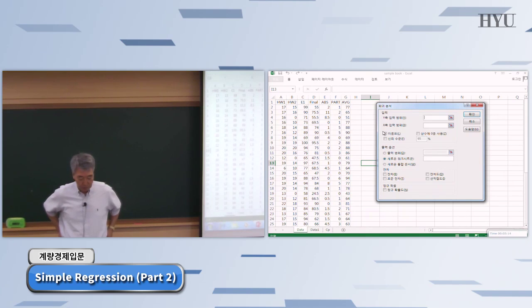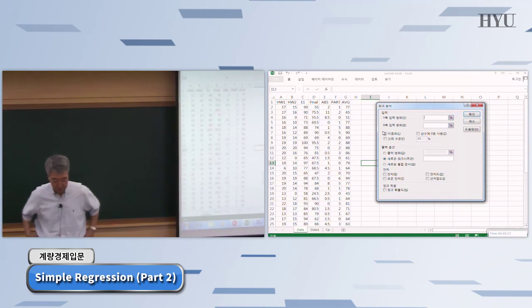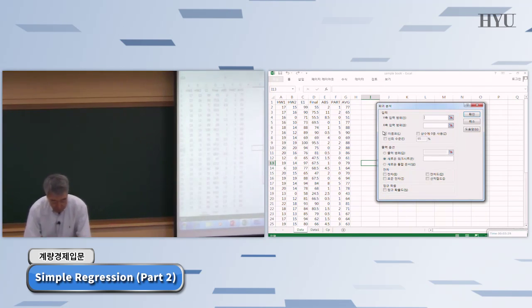Okay, so let's say you want to know the relationship between, let's say, the first homework score and the average. Well, let's say final exam score, right? What is the relationship between final exam score and the final average? Okay? Then, which is the independent variable and which is the dependent variable?